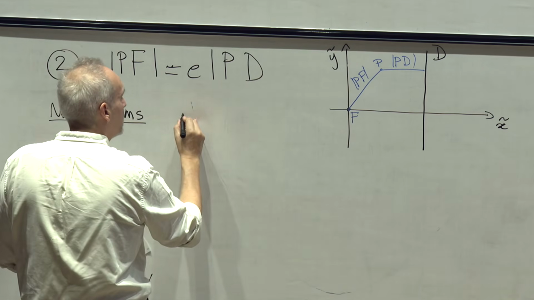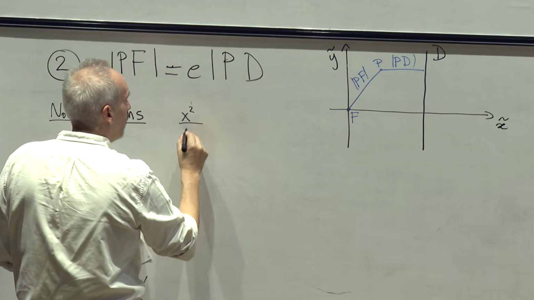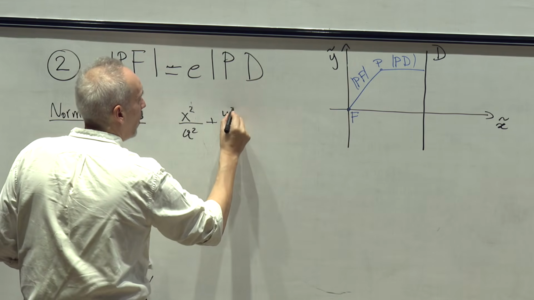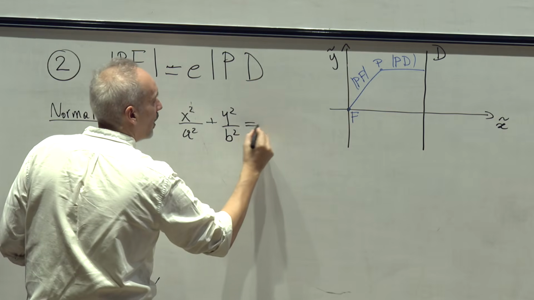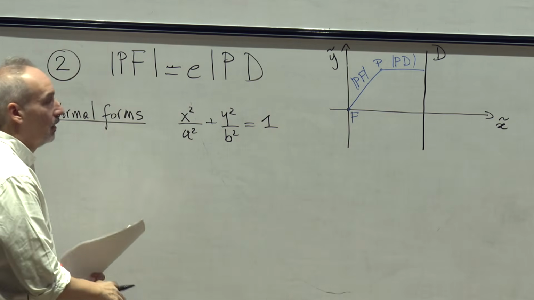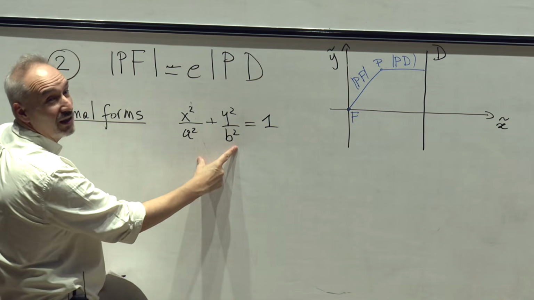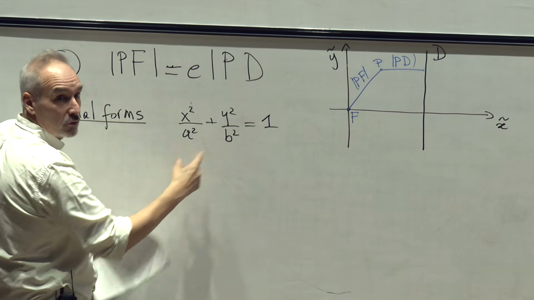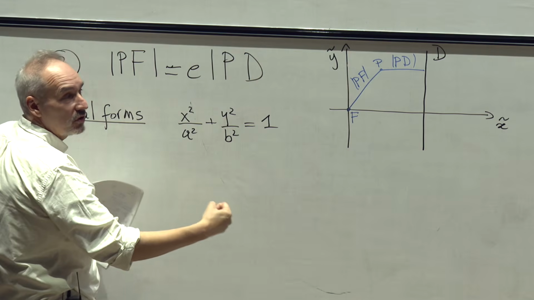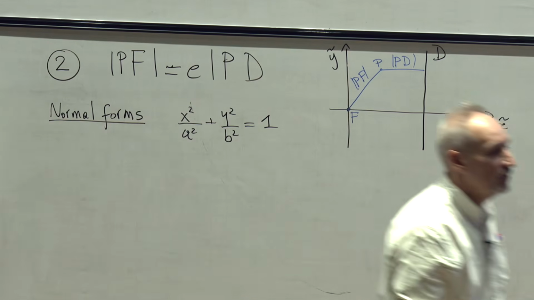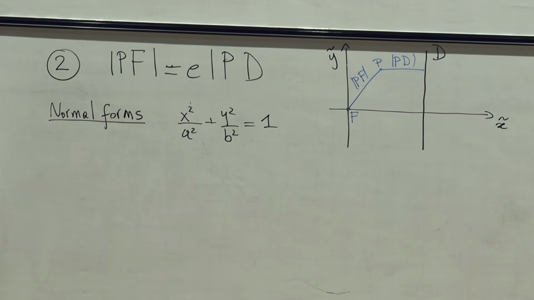And the normal forms are either x squared over a squared plus y squared over b squared equals 1. And you see that directly this is a generalization of the circle when a equals b. So you change one axis versus the other one, so that's why you make ellipses. So that's the first possibility.